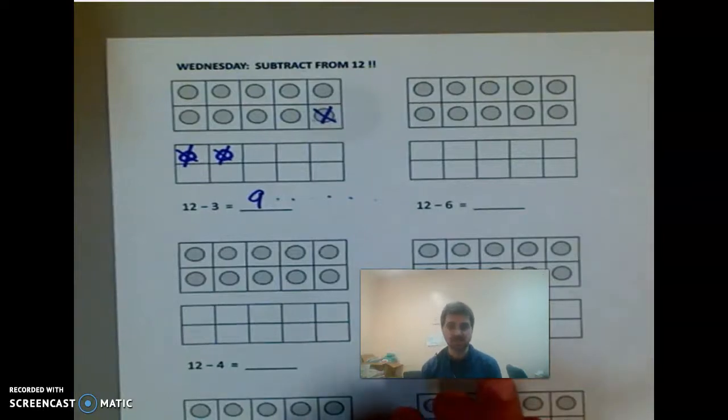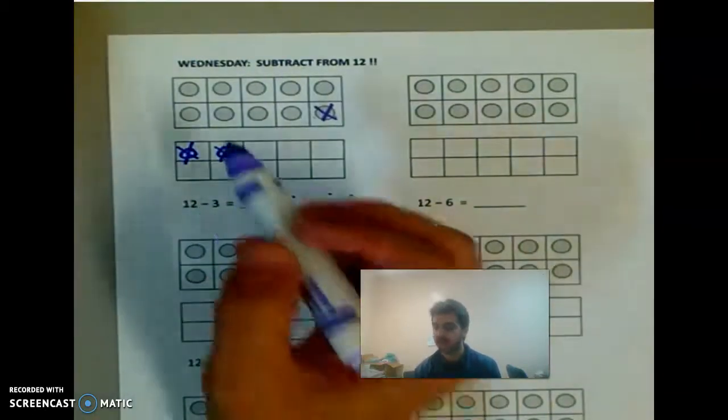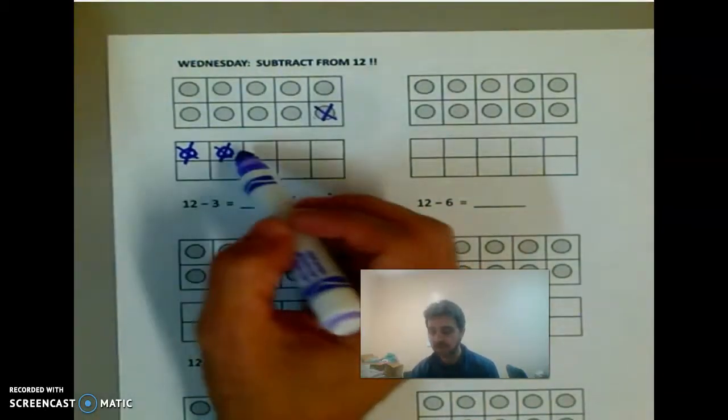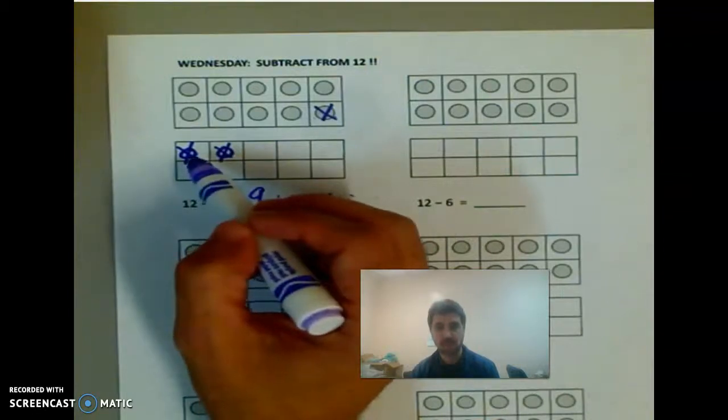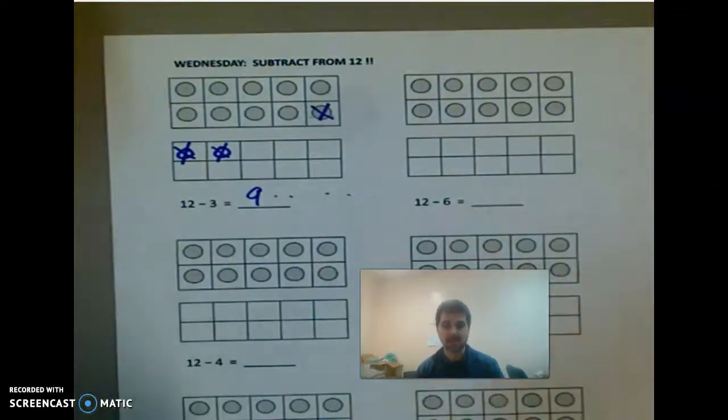So as you're doing this, boys and girls, I want you to think when you subtract from 12, first, if you subtract 2, then you get to 10. And then how many more do you have to cross off or subtract to get your answer?